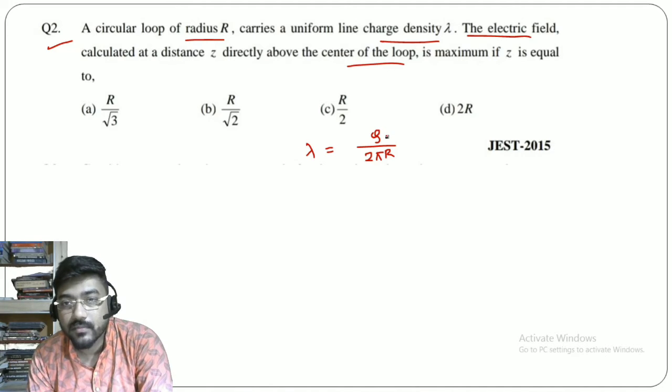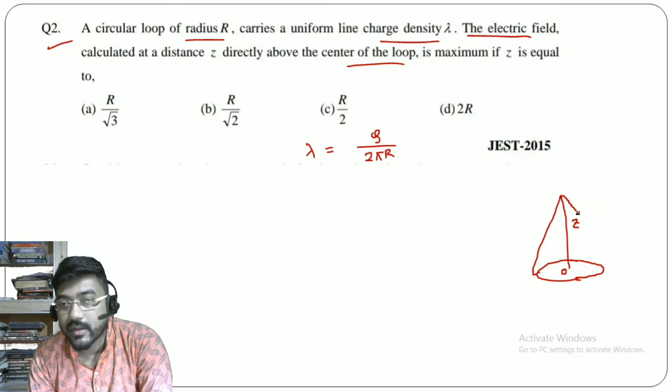If we take the loop like this, then at a distance z from this center, what is the electric field here? We know the direct expression of the electric field. If the total charge is q and the radius is r, this distance will be root of r square plus z square.